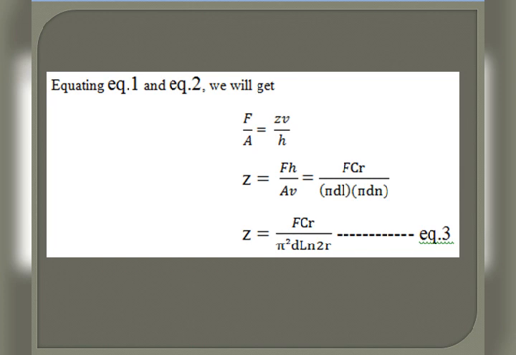One is tau equal to ZV divided by H, when the shear rate is constant, and another fundamental equation, shear force divided by area, that is tau equal to F by A. These two are the fundamental equations we need for the derivation. Since we are using lubrication, there will be a viscosity that we need to consider.